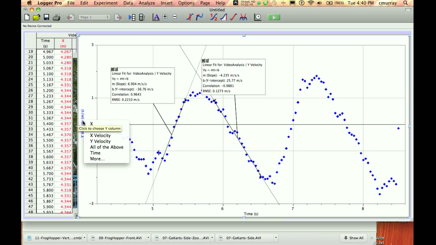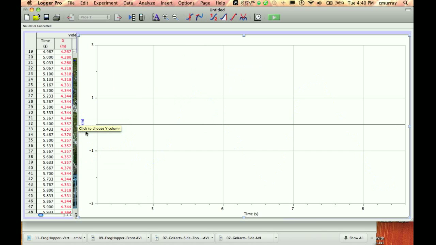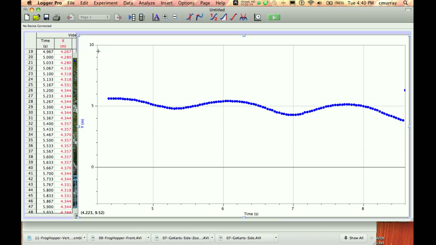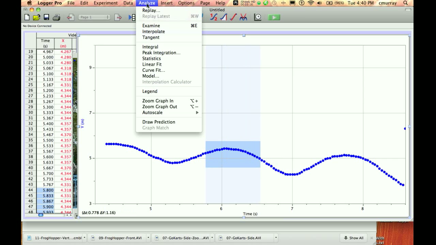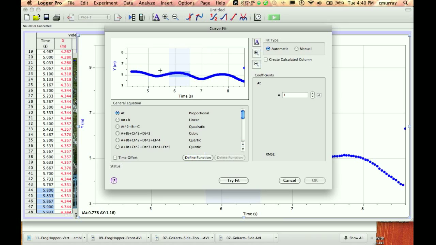Another way to find the slope, if you want to, you can go here. Why is it making that scale the same? Okay, so let's click there. Let's make that about 10 or something like that. And this bottom scale, we'll make that 3. So these little spots here, notice that this is concave downward, right? So I can actually select this one here and go analyze and then curve fit, right?